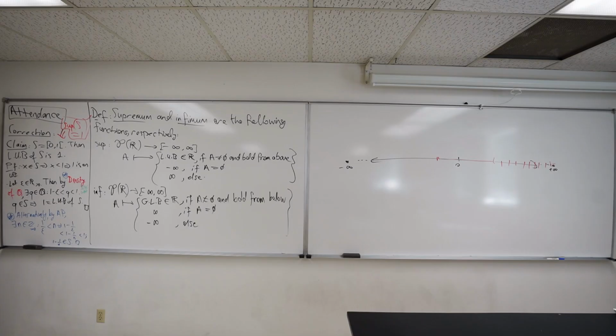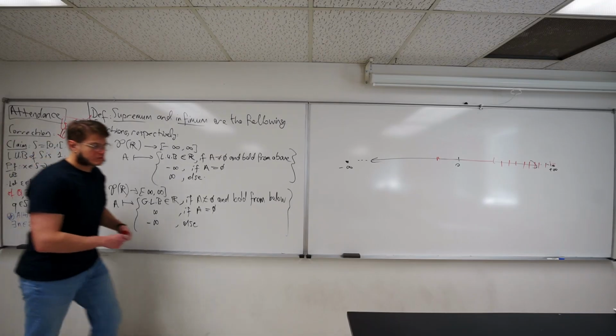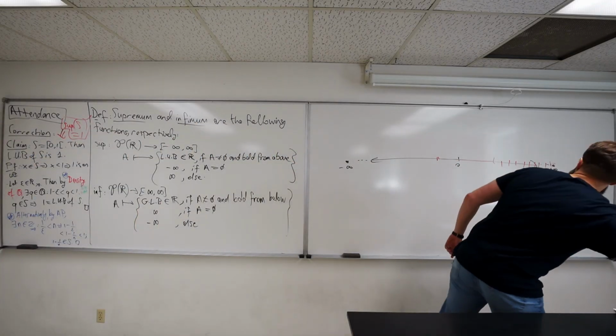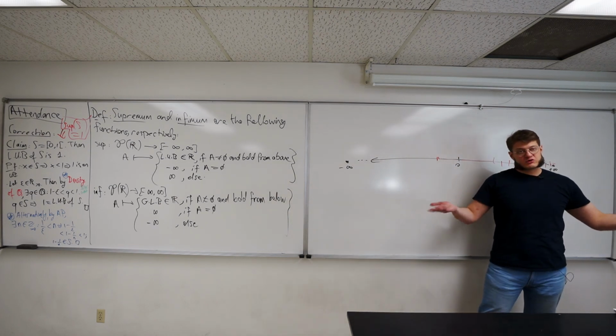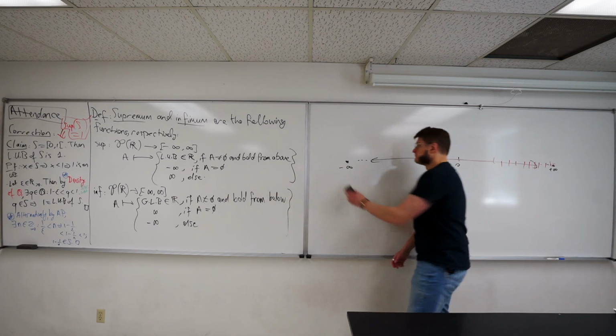Yeah, two questions. Go ahead. So supremum and infimum aren't affected by whether or not it's a closed or open bound? No, exactly. Very good. That's a very good point. It's also not affected by whether or not the set consists only of rationals, in fact.